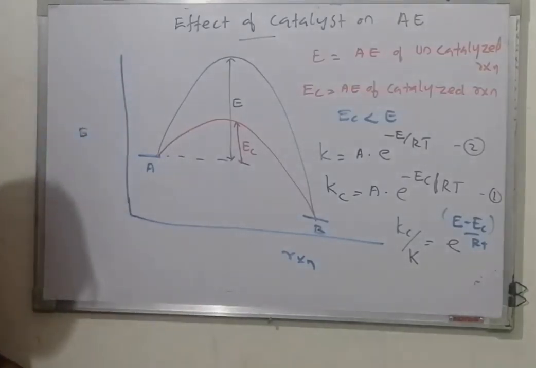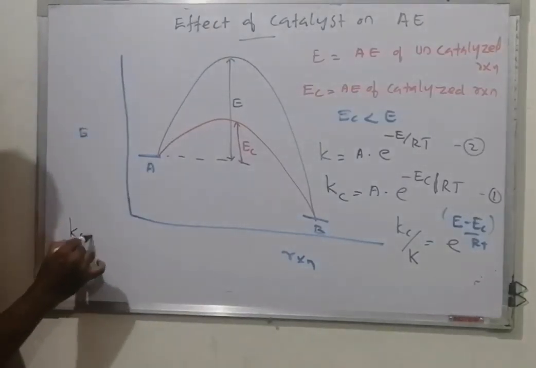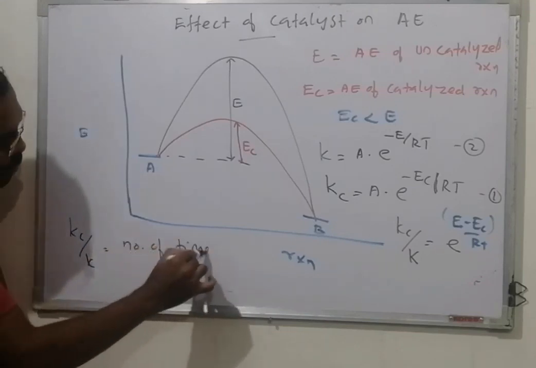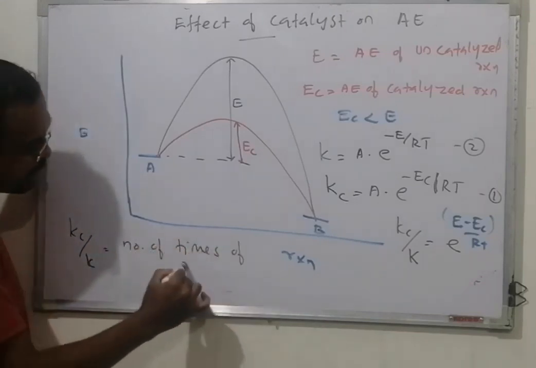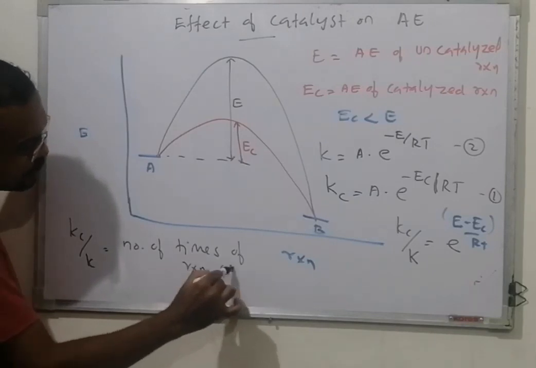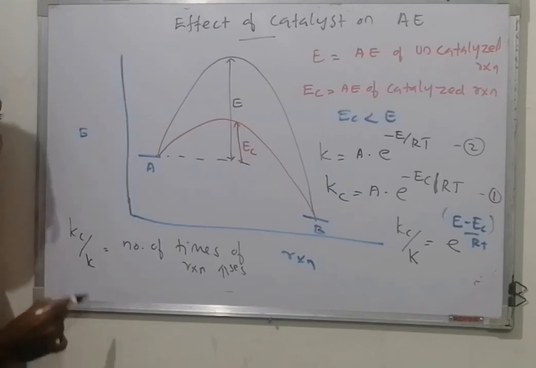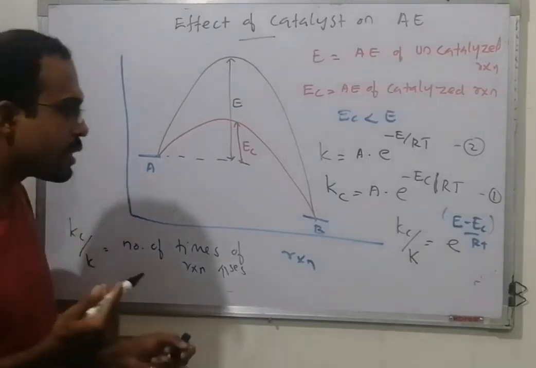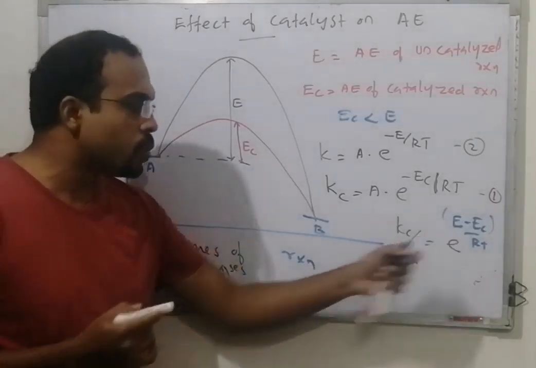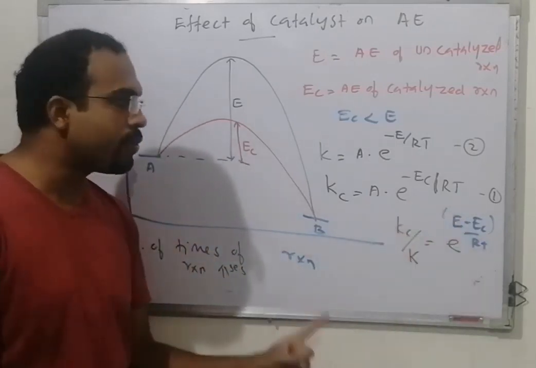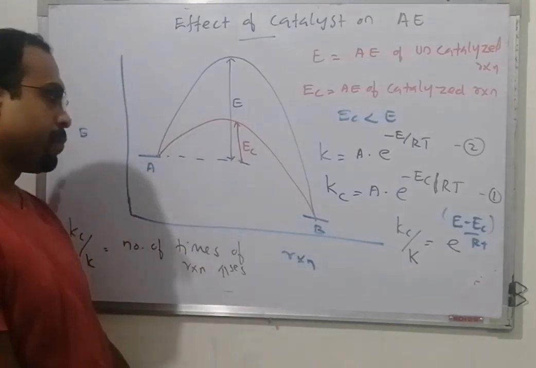Now, Kc by K is the number of times the reaction rate increases. How many times does the reaction increase? It is directly proportional to the value of E minus EC.